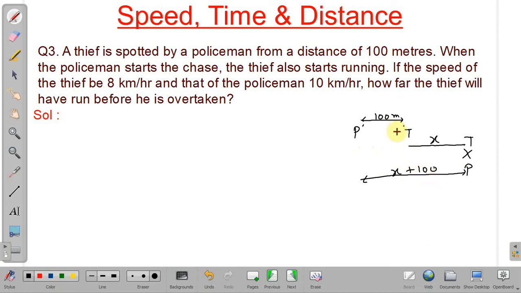So what is the relative distance between the policeman and the thief? Relative distance will be 100 meters. Okay, initial.